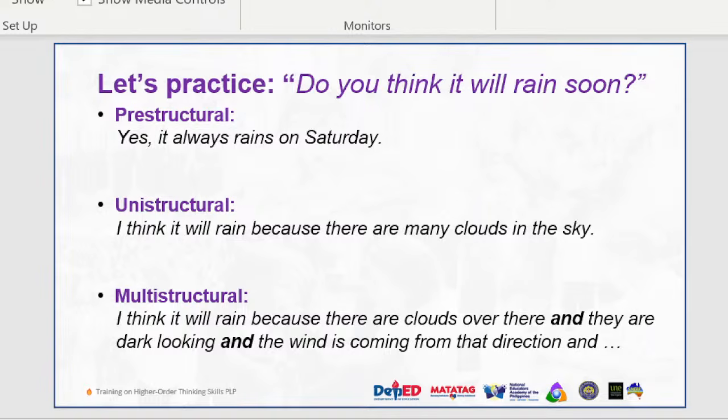So in the unistructural, there is one relevant data. In the multi-structural answer, I think it will rain because there are clouds over there and they are dark looking and the wind is coming from that direction. So there was how many relevant data that is relevant to the question? There are three, two or more. That's a multi-structural answer.